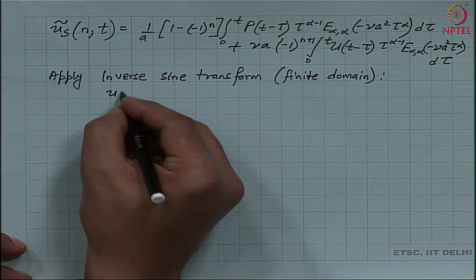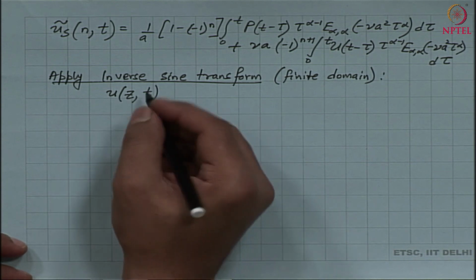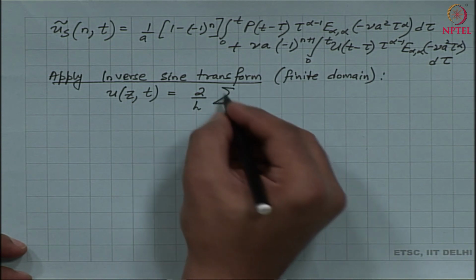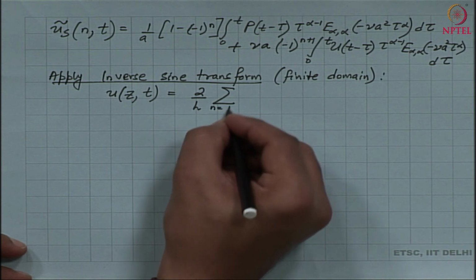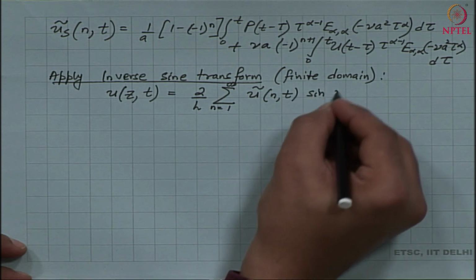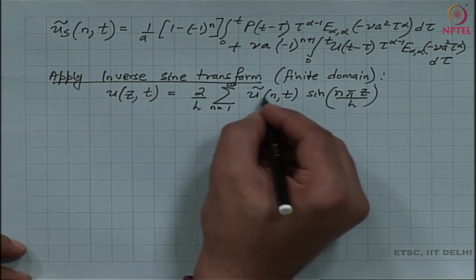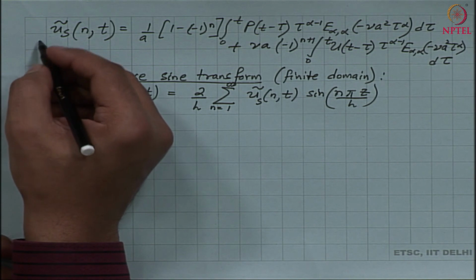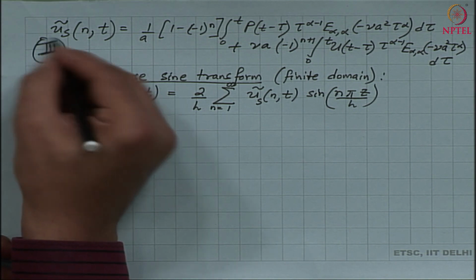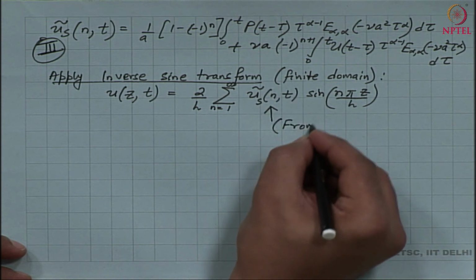So, after applying the inverse sine transform as a Fourier series, I get my original solution as follows: u of z comma t is 2 by h times the Fourier series, n from 1 to infinity, u tilde of n comma t times sin n pi z by h, where u tilde is coming from expression 3.